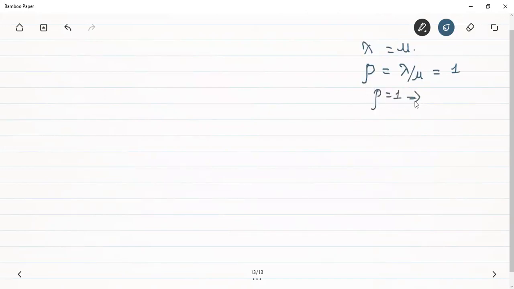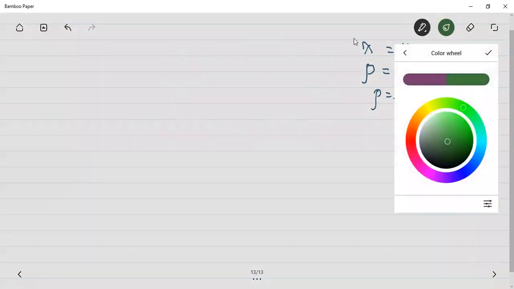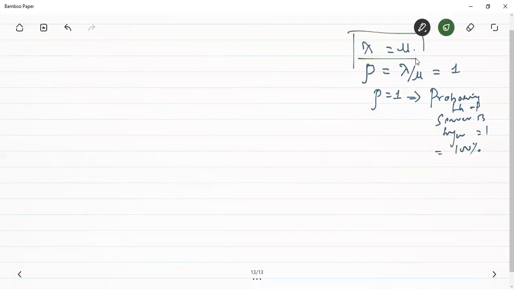This implies that the probability that the server is busy is 100%, that is equal to 1 or 100%. That is, सर्वर हमेशा बिजी ही रहेगा. Okay, the server will always be busy because rho is 1 means lambda by mu is equal to 1. Lambda by mu is equal to 1 means lambda is equal to mu, because जिस रेट से लोग आ रहे हैं उसी रेट से सर्विस हो रही है.